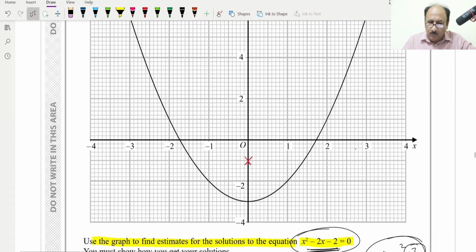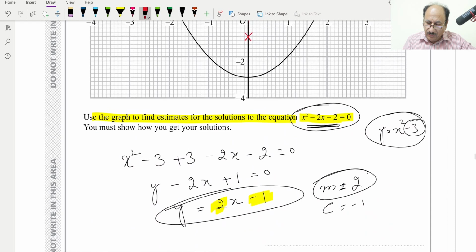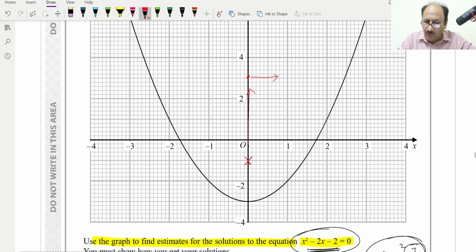We take the slope as rise over run. So the rise is 2 units up and 1 unit right, because m is equal to rise over run, and in this case m is equal to 2, which we can write as 2 over 1.